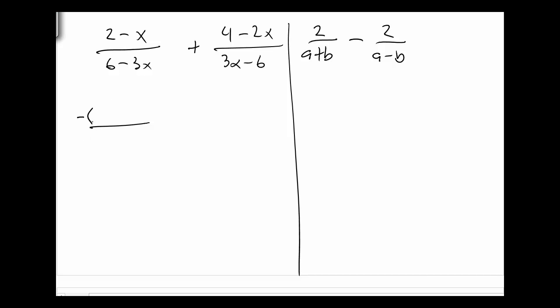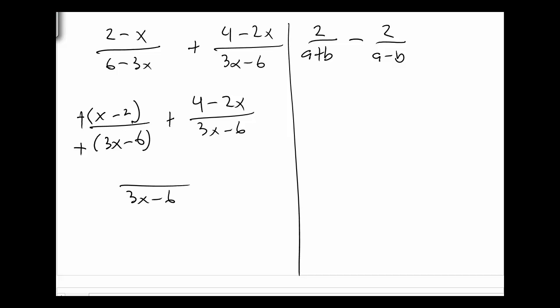So if I take a negative out of the numerator, I get x minus 2. And if I take one out of the denominator, I get 3x minus 6. Okay, now notice the two negatives are going to divide out, and I'm left with x minus 2 and 3x minus 6 in that first fraction.